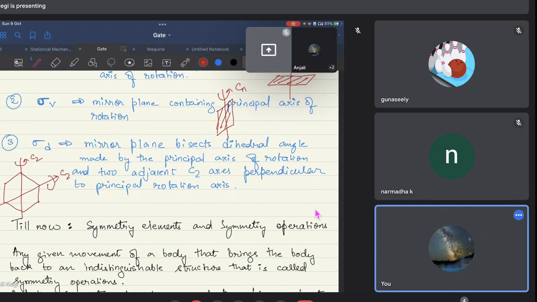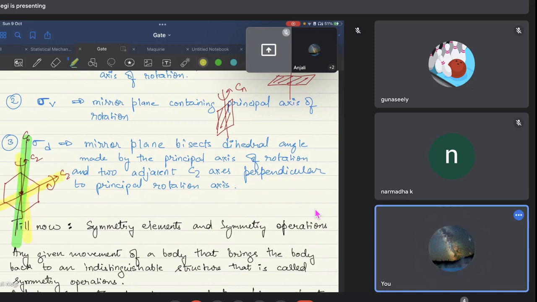Then the principal axis, which is C6 here, passes through the center, above and below the plane of the benzene ring. So what does sigma d say? Sigma d says that it is a mirror plane bisecting the dihedral angle. So the dihedral angle is made between this principal axis and this C2 and this C2.